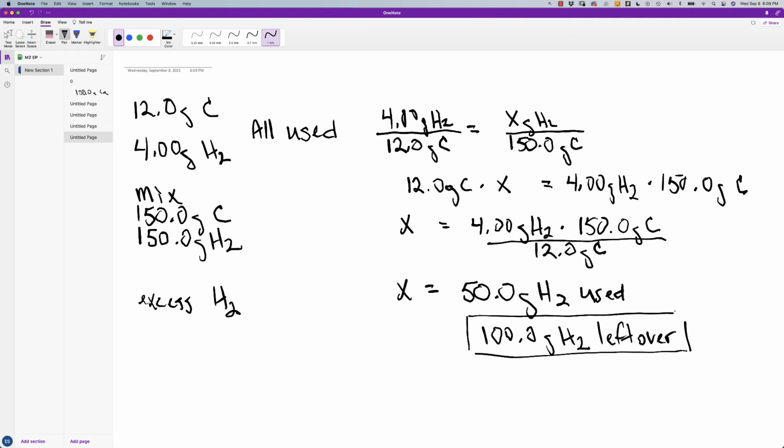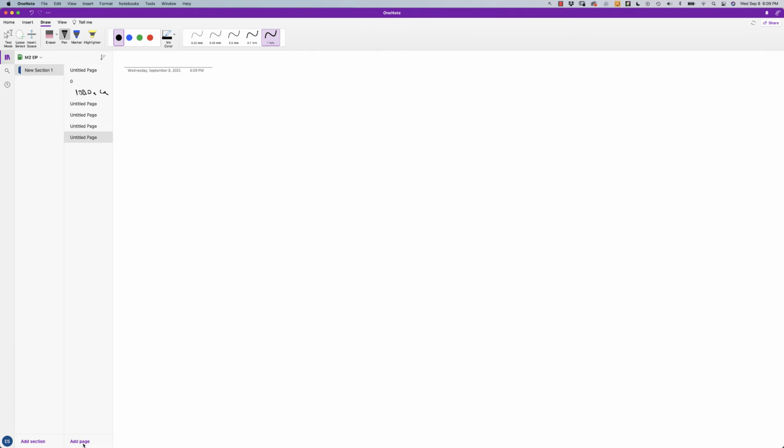Okay, here's our answer, again using ratios. We can solve this using multiples as well. So let's go to a new page here and we'll solve it using multiples.